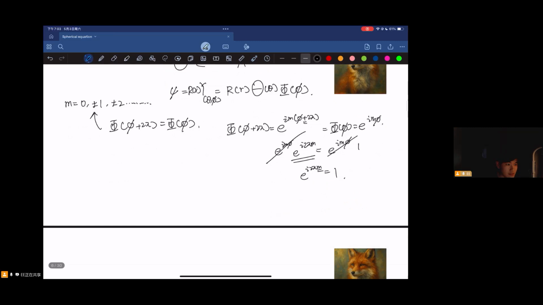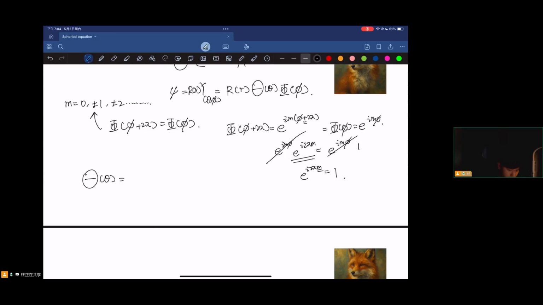And then let's return to the theta function, because now I only know the phi part. I don't know the theta part. So the solution of theta would be the Legendre function.